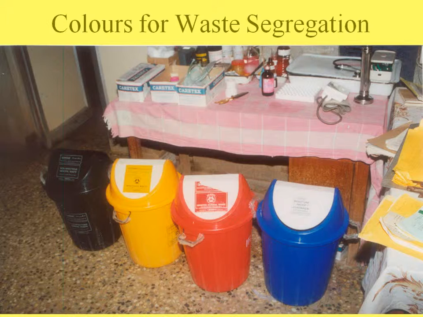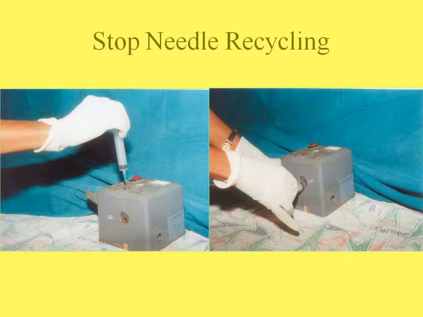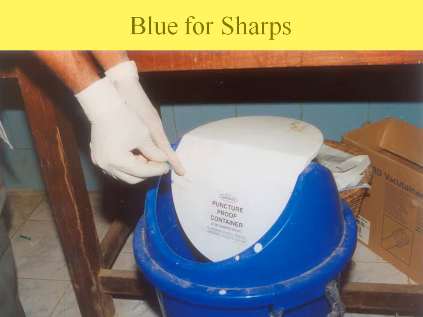This is, of course, the blue container, red, yellow, and black. There's needle recycling. You can put it there, and then you can break the needle. Puncture-proof container. Blue, no? Here they have used blue.